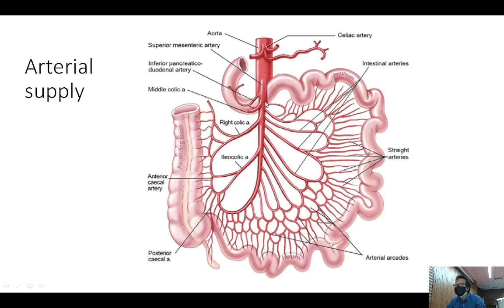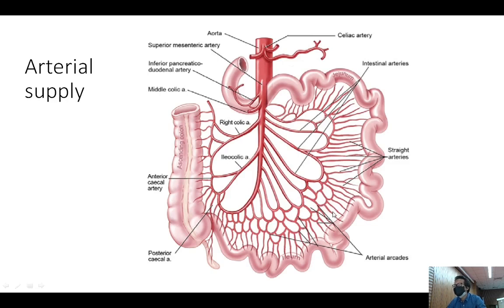From the superior mesenteric artery, on the left side, you have many branches coming out. Those are known as the intestinal arteries. As they move towards the small intestine, you have the formation of anastomosis, and this part of the blood vessels is known as the arterial arcades.